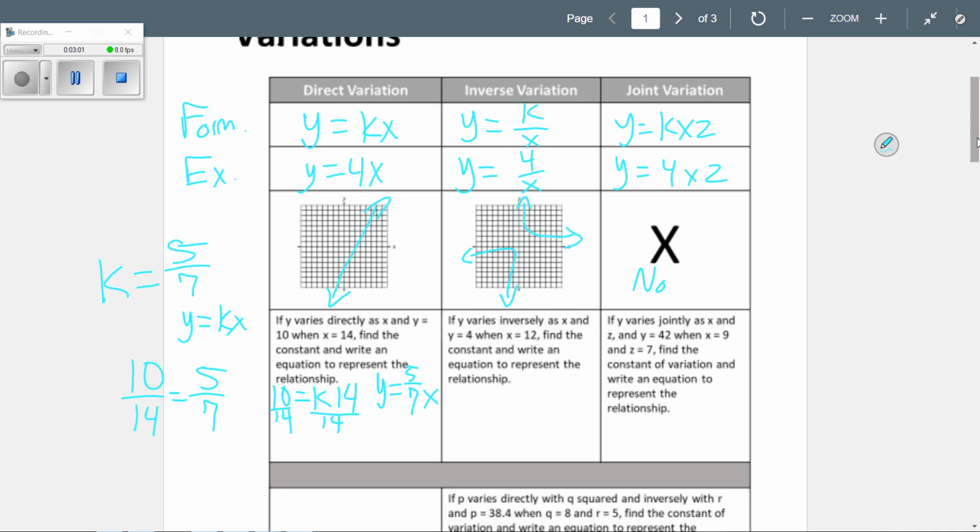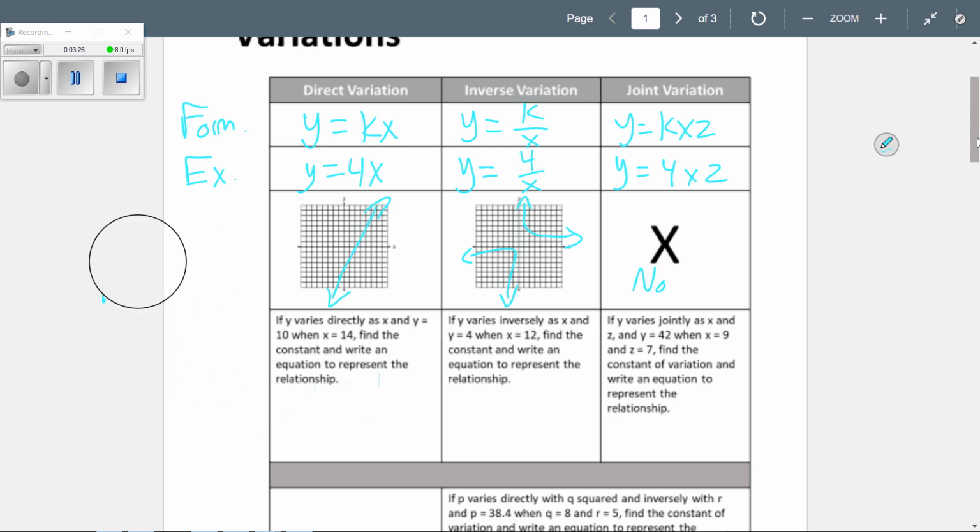It would work for 10 and 14. It would work for other numbers. That's the relationship for this equation. Alright, that's it. So all we did was we took the example numbers that they gave us, we solved for k, and then we rewrote the original equation, the equation we know to start. Okay, that's it. So y equals 5 over 7x.